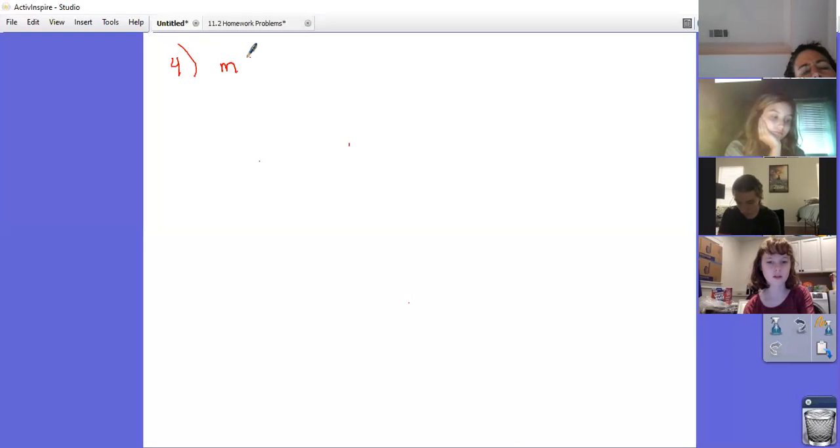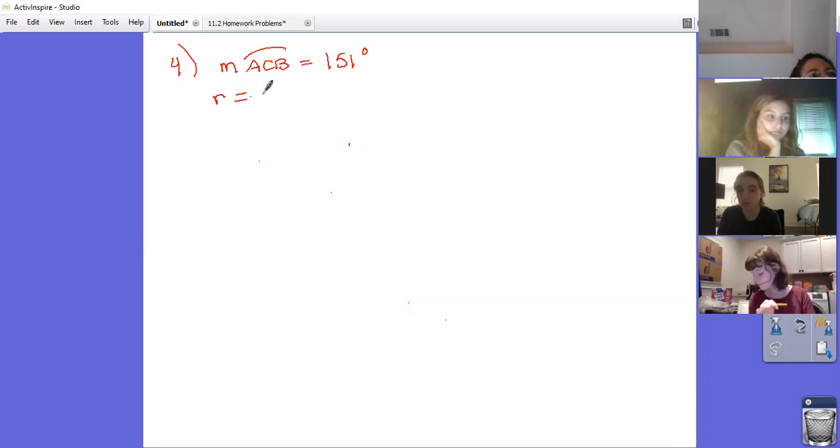So the measure of arc ACB would actually be 151 degrees. That's just the 360 minus the 209. So that's the measure of the arc. And then they're giving you that the radius is 18 meters.